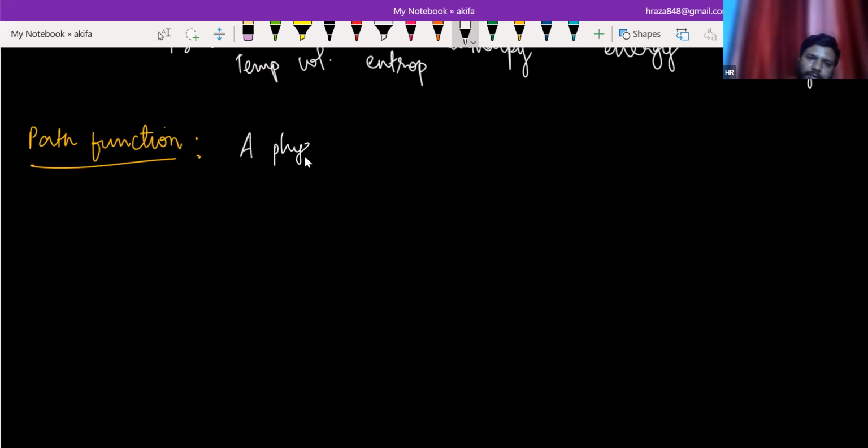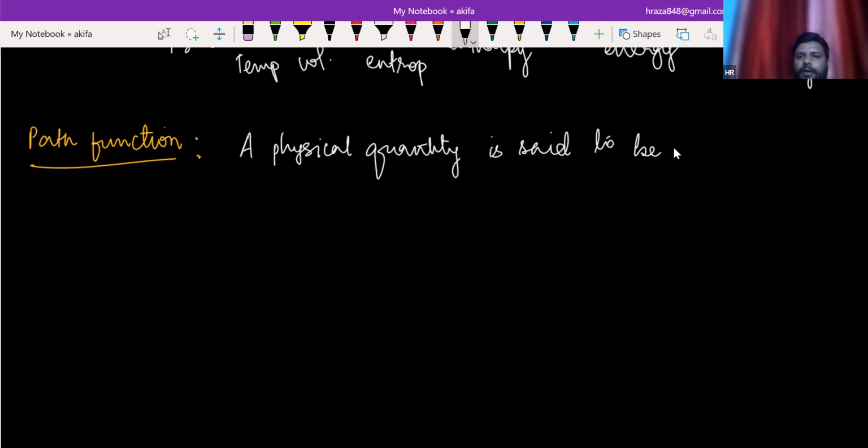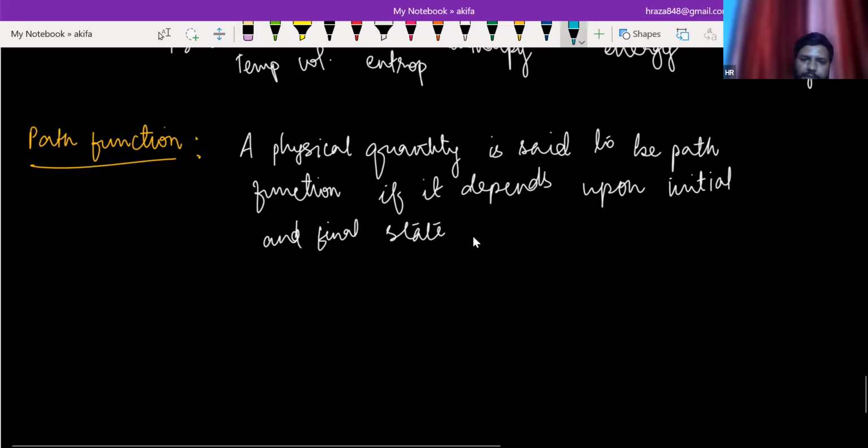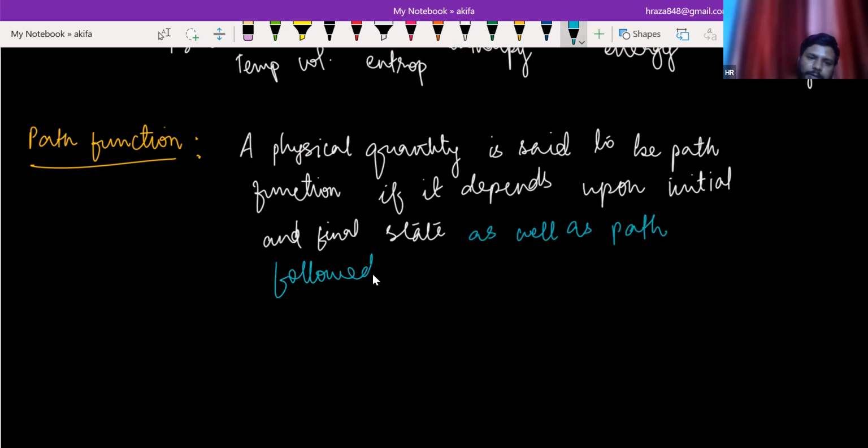So we can write easily, a physical quantity is said to be a path function if it depends upon initial and final state as well as the path followed by the system.